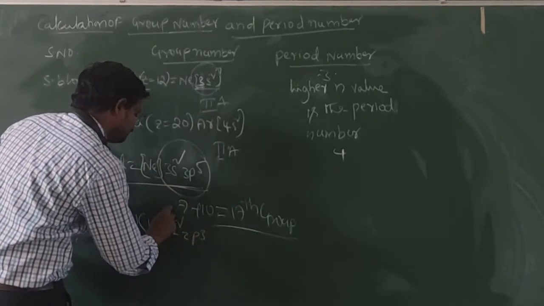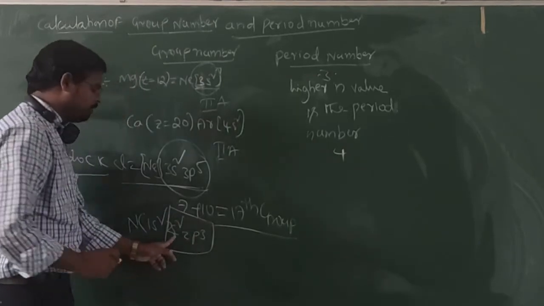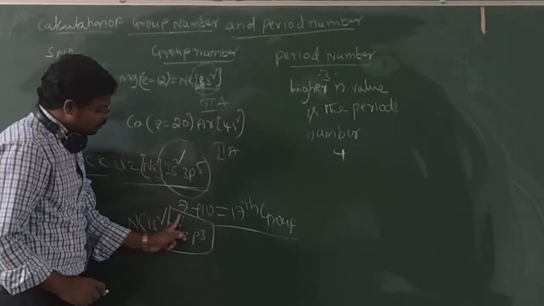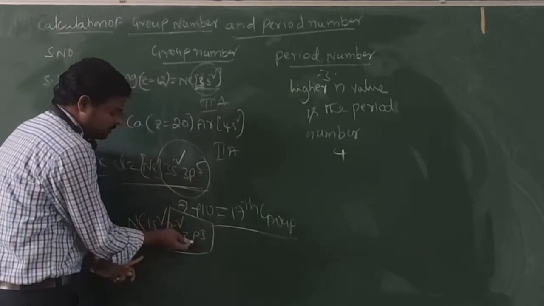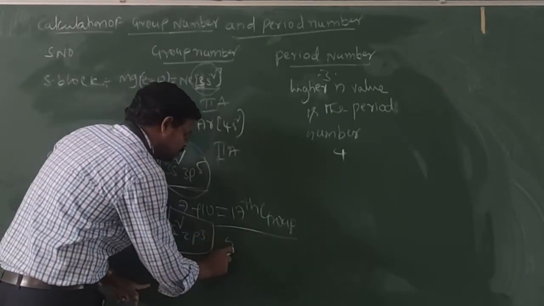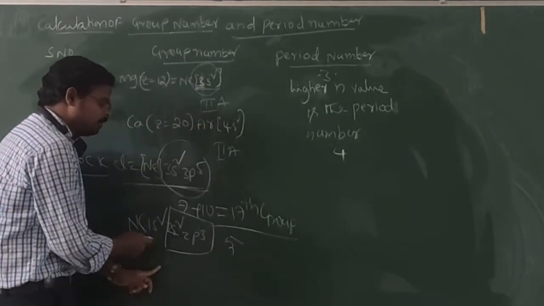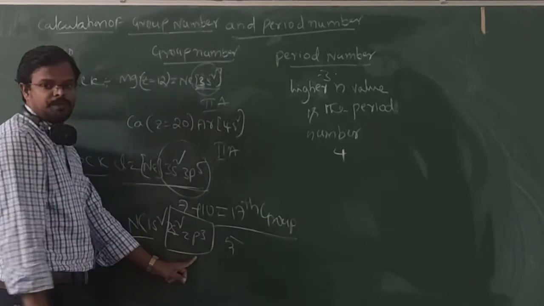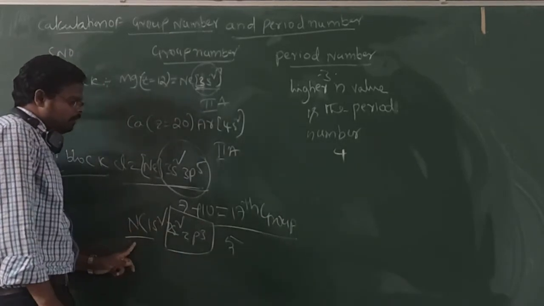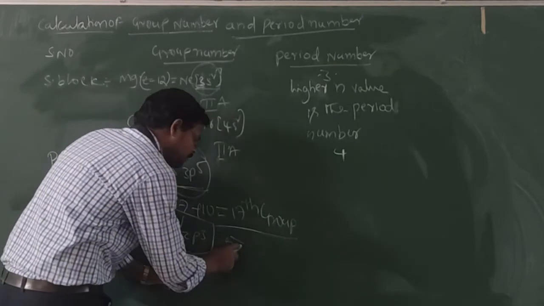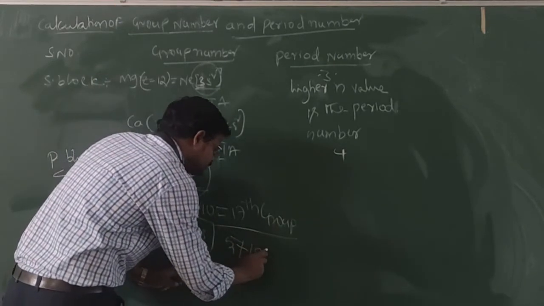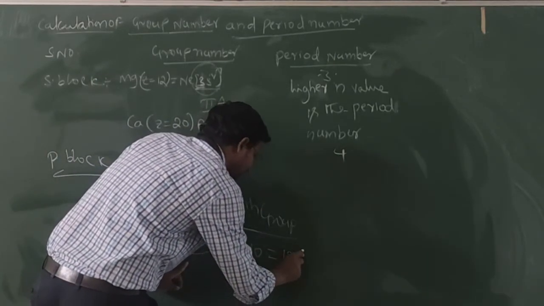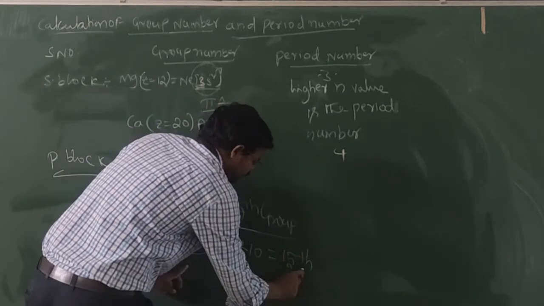The outermost orbit is the second orbit, so the total number of valence electrons is 2 plus 3, which is 5. Because the last electron enters the p orbital, we call it a p-block element. So we add 10 to the valence electrons and get 15. The group of this element is the 15th group.